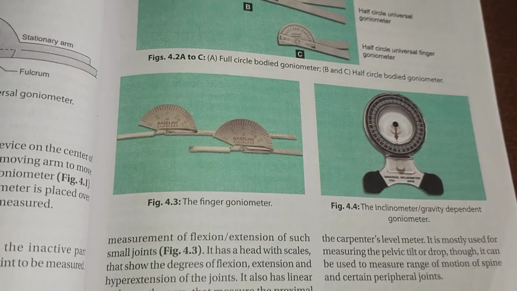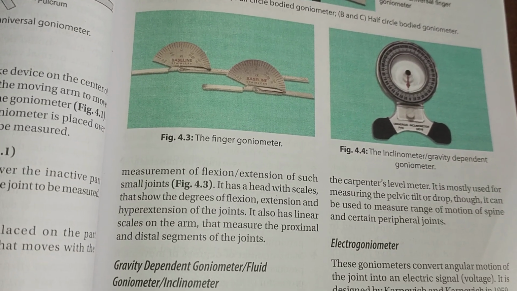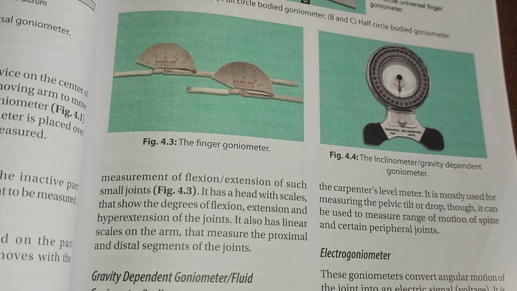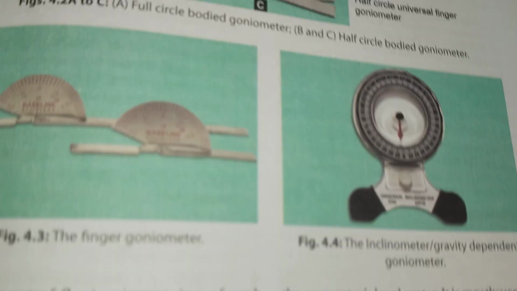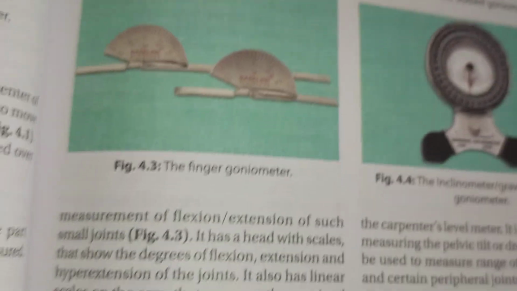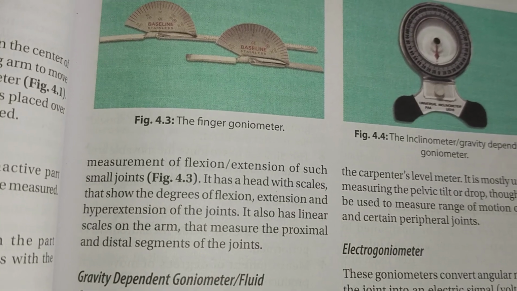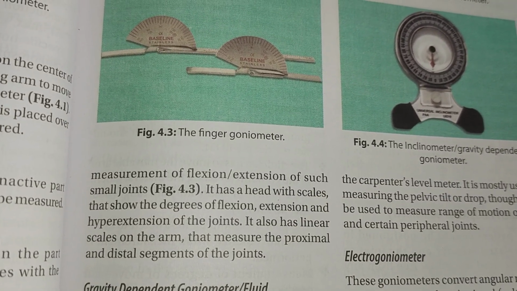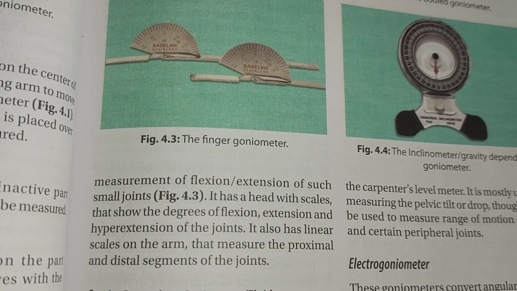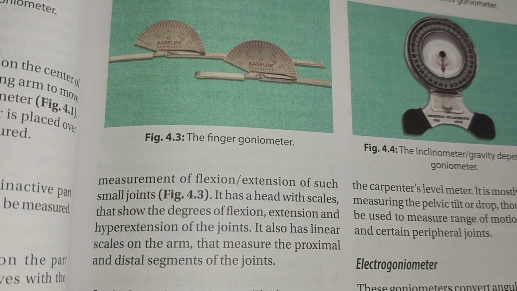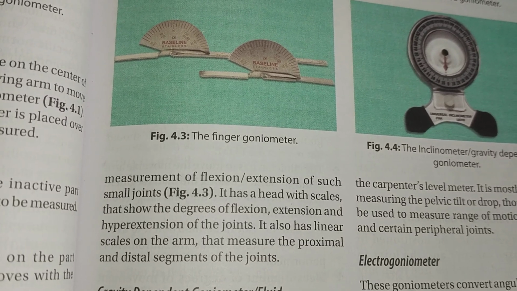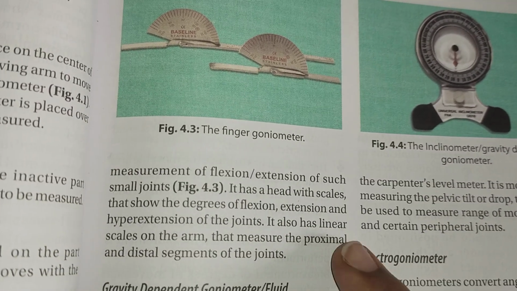It has a head with scales that shows the degrees of flexion, extension, and hyperextension of the joints. It also has linear scales on the arm that measure the proximal and distal segments of the joints.